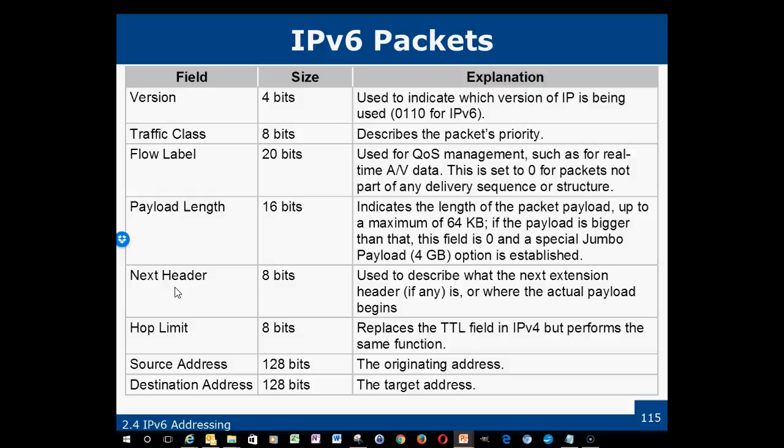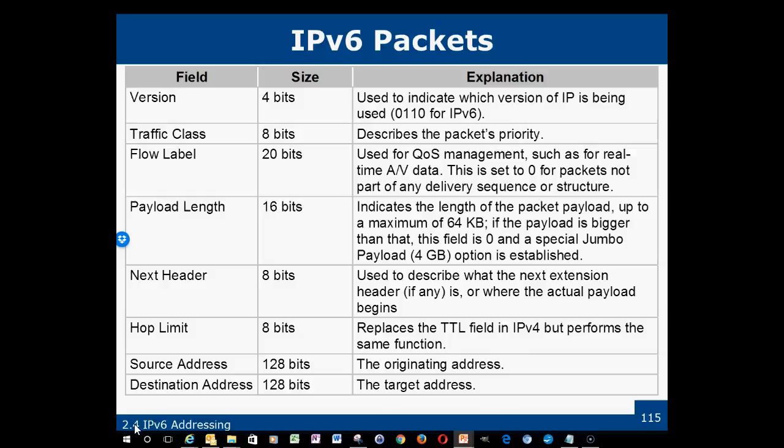The next header is used to describe what the next extension header is, if there is any, or where the actual payload begins. The next header from IP would be TCP or UDP at the transport layer. The hop limit replaces the TTL field and does the same function.